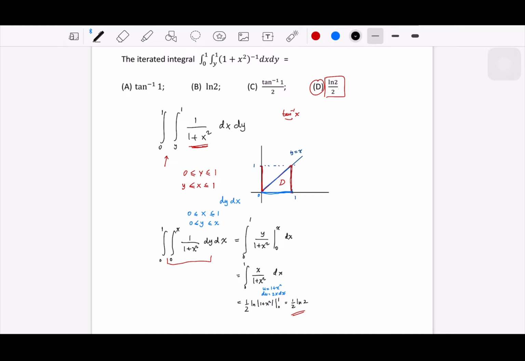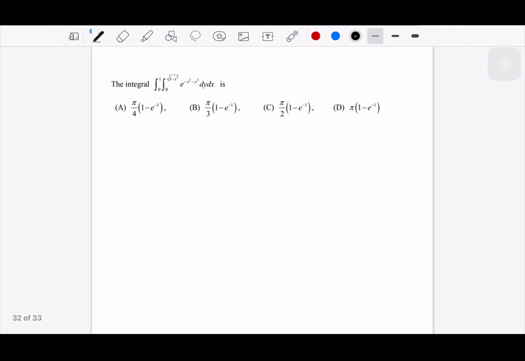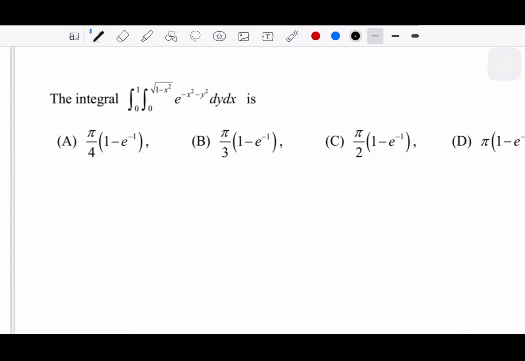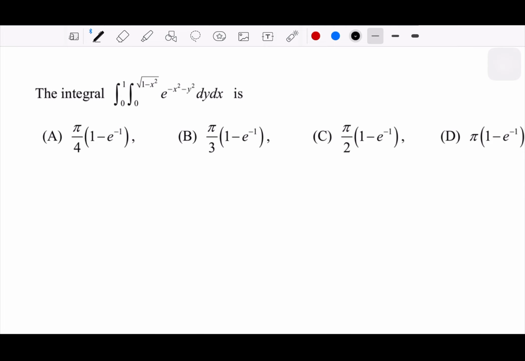Okay, the next question is, we have this double integral, and it seems we have the square root. Before I go through the solution, perhaps we could take a look at the question. We need to have the double integral, and the most obvious points here are this and this.